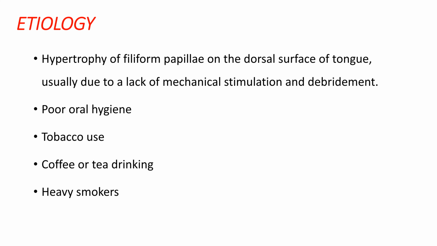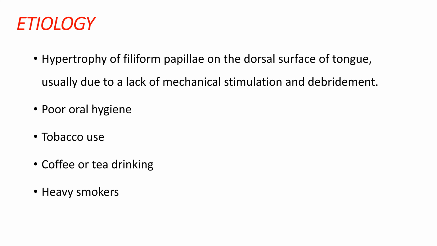Then, etiological factors for hairy tongue. The basic defect in hairy tongue is the hypertrophy or enlargement of the filiform papillae on the dorsal surface of the tongue, usually due to a lack of mechanical stimulation and debridement.